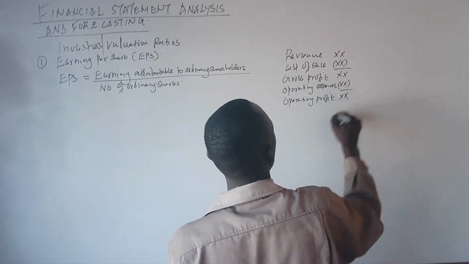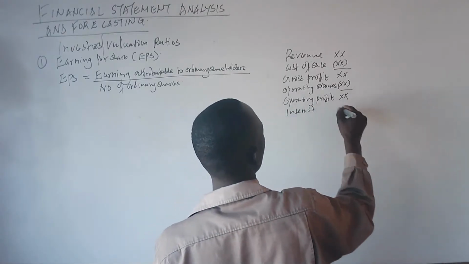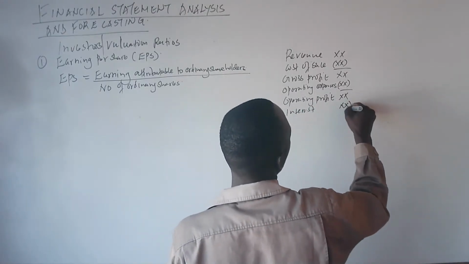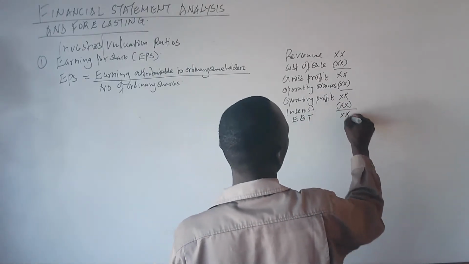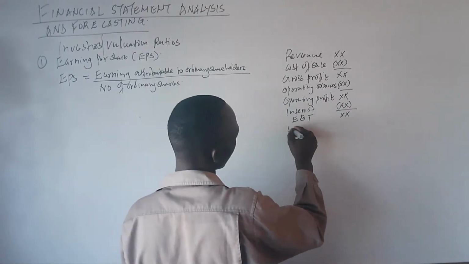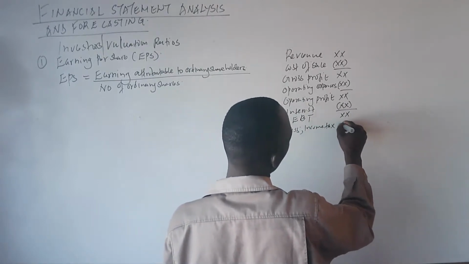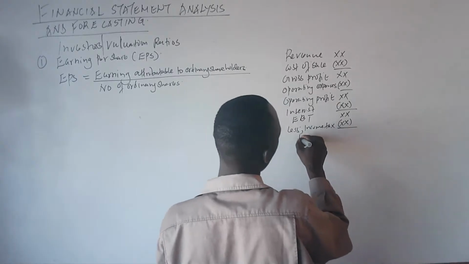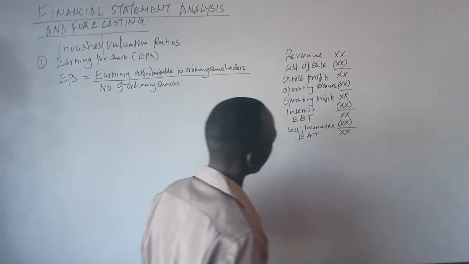From the operating profit, you raise the interest, and you get the earnings before tax. Then you raise income tax expense, and you get the earnings after tax.